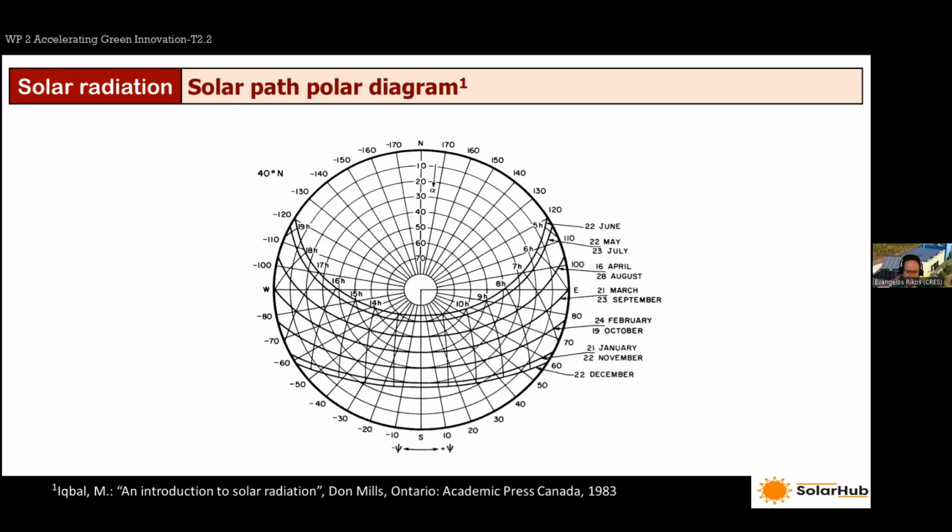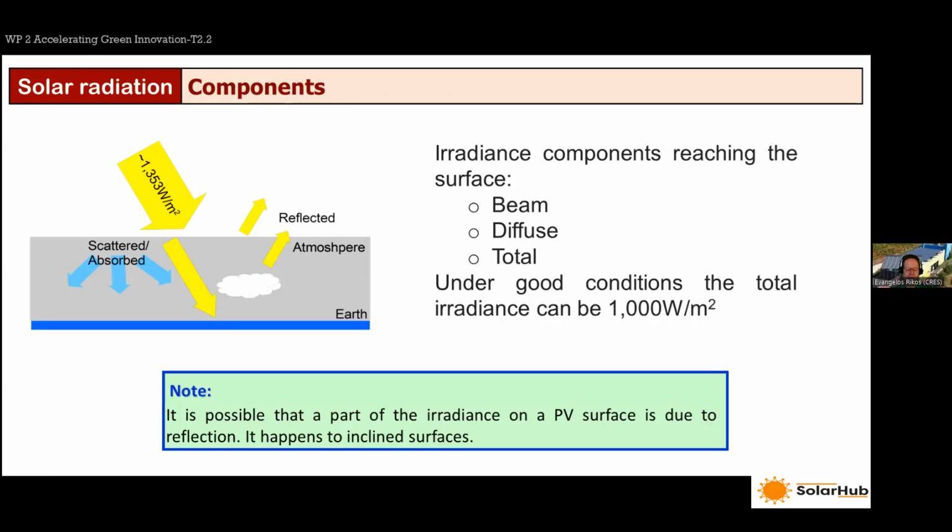Okay, before we go to the main takeaway of this part of the webinar, I would like also to mention here some things that happen when the radiation arrives on the upper part of the atmosphere.